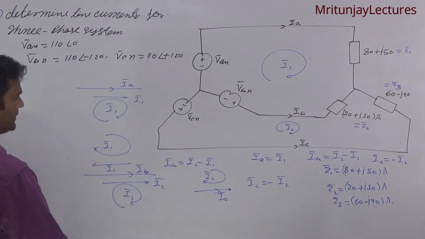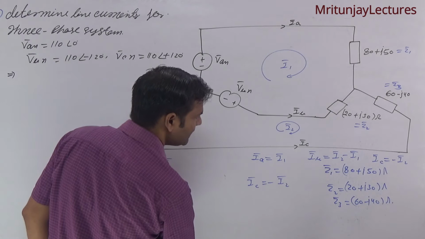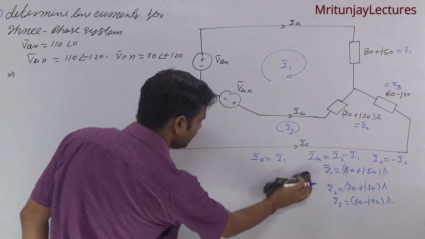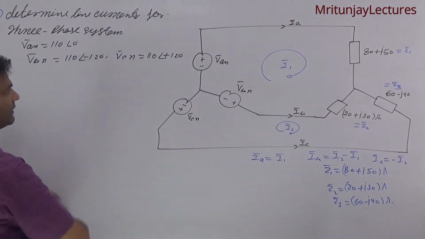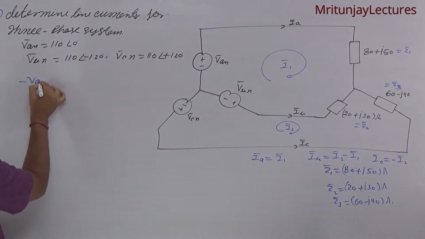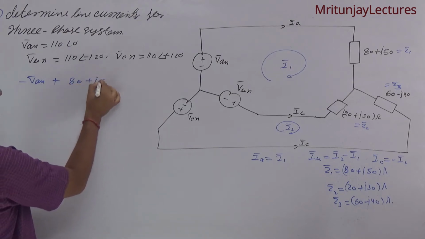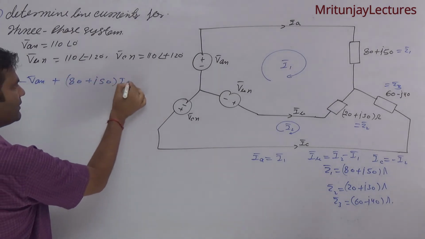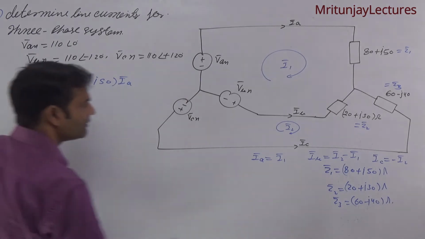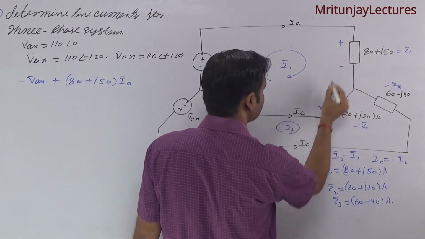First of all, removing IA, IB and IC here, minus to plus, minus V of AN plus 40 plus J50 into IA, plus minus direction corresponding to this one.